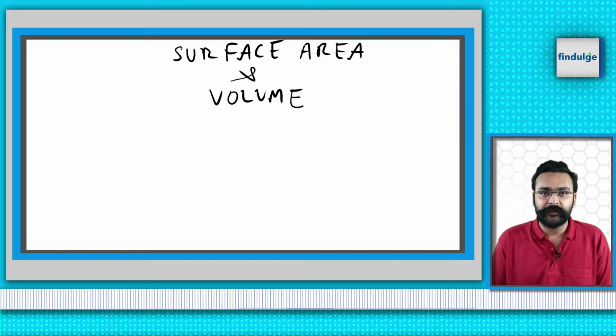So the figures we'll be dealing with this year are of course your cube and cuboid. You have your cone, cylinder and sphere along with hemisphere, which is nothing but half of a sphere, and a new shape known as a frustum, which is nothing but a cone that is cut parallel to the base, sort of like a cup that's smaller at the bottom but bigger at the top.